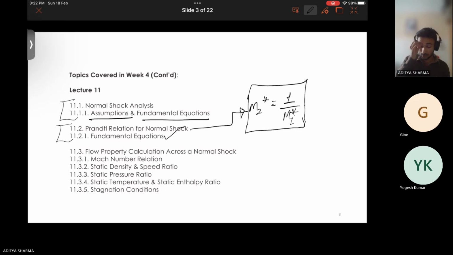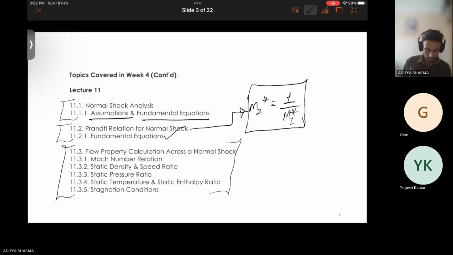So the major thrust of this week's content is this particular section.